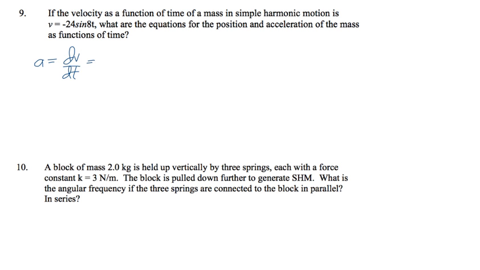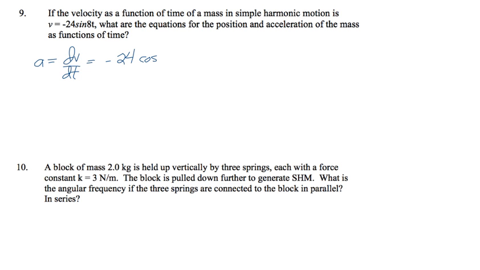Now in this problem, since I'm taking the derivative of this one with respect to time, well, the derivative of sine is cosine x dx. So I'm going to get, if I start writing this down, first minus 24. Now the derivative of sine is cosine, not negative cosine, so I don't have to change the sign.